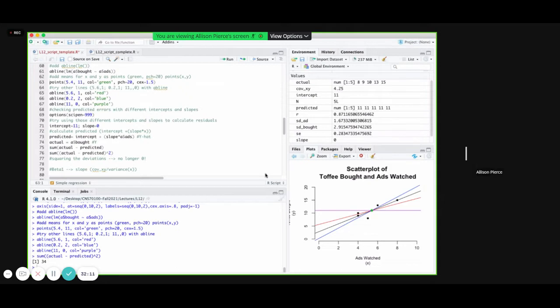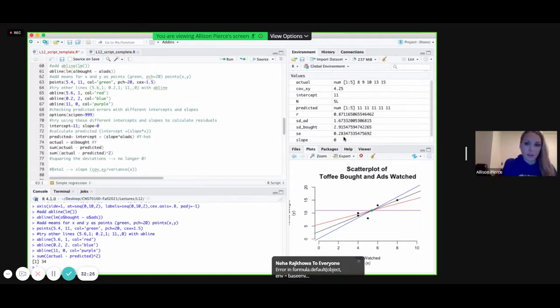Can you paste that error in the chat so I can see it?